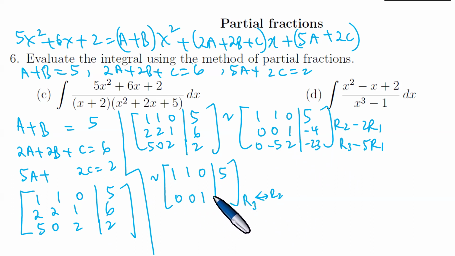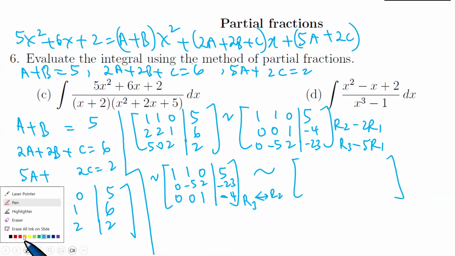Zero, zero, one. All right, and then here you have 0, minus 5, 2, minus 23. Okay, and then you continue with the matrix reduction process.